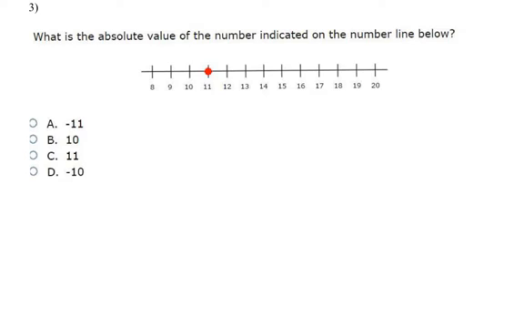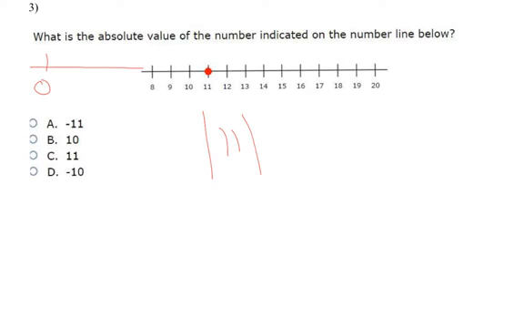And here's a positive number that they're asking us to find the absolute value of, that they give you on a number line. So they're asking us to find the absolute value of positive 11. And so here you can continue the number line out if you want to, but sometimes it's hard when you're working on a computer screen. So you can just think of, okay, there's 0, and I have all those numbers in between.